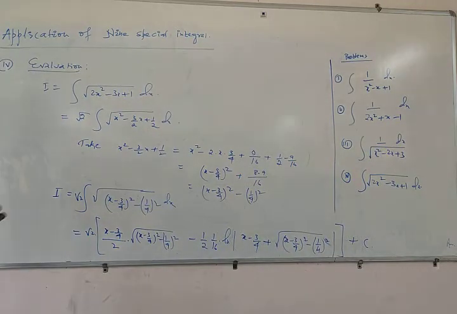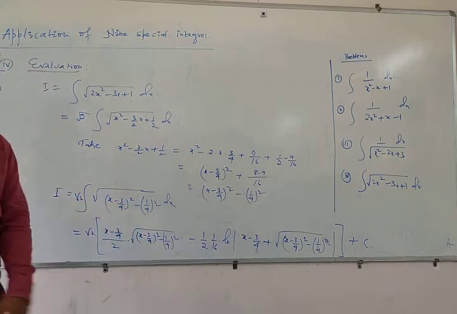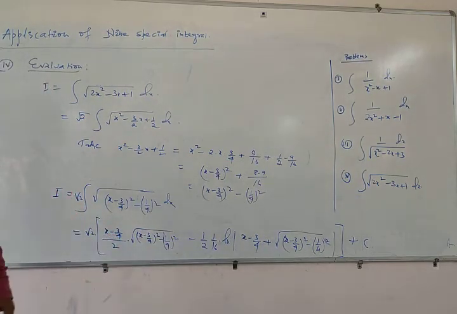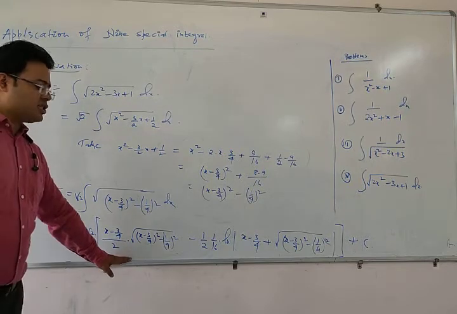So this is the complete integral of this given integration, and you can also simplify this or you can leave it. There is no problem here, but I think you must simplify it.